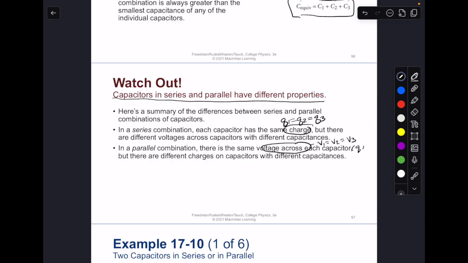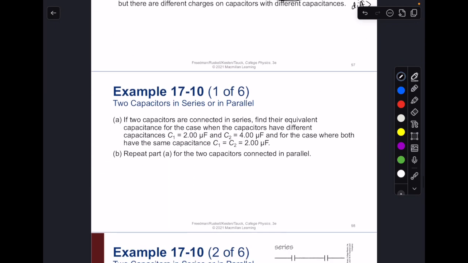In series, V is different. So they have different properties depending on how they're arranged, and those properties are how Q is related to each capacitor and how V is related to each capacitor.